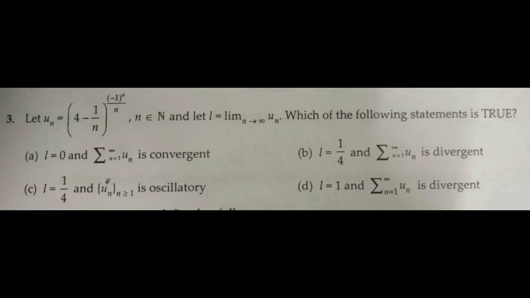In the place of n, I put very large numbers like 1000, 2000, 3000, some even numbers and some odd numbers, and I got the result near 1. So I was very sure that the D option is the right option, and I got the marks for this question. You can try also.